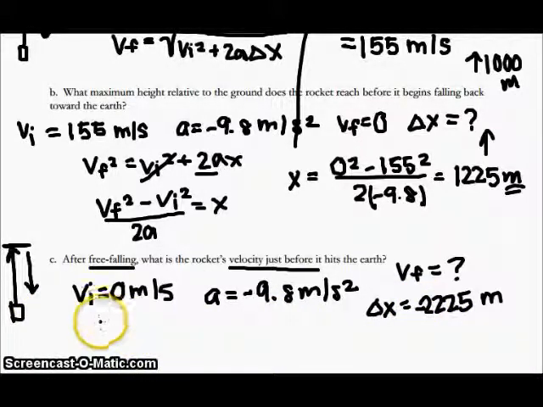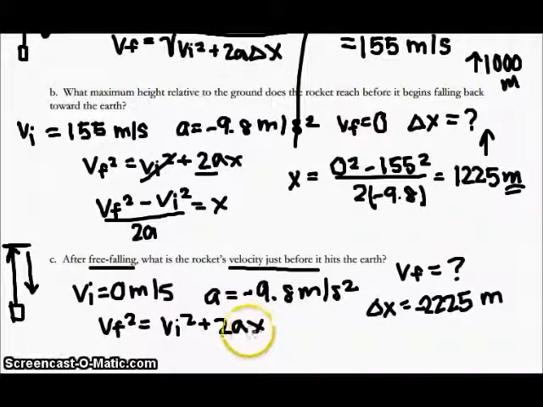And now we're just going to use our kinematic equations. And so this is 0, so we can just X that out. So Vf squared equals 2ax, so the final velocity equals the square root of 2ax.